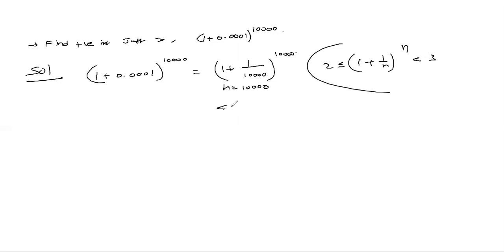So clearly this is less than 3 and more than or equal to 2. Let us consider this as s. So the value of s lies in closed 2 to open 3. So what is the answer? 3.